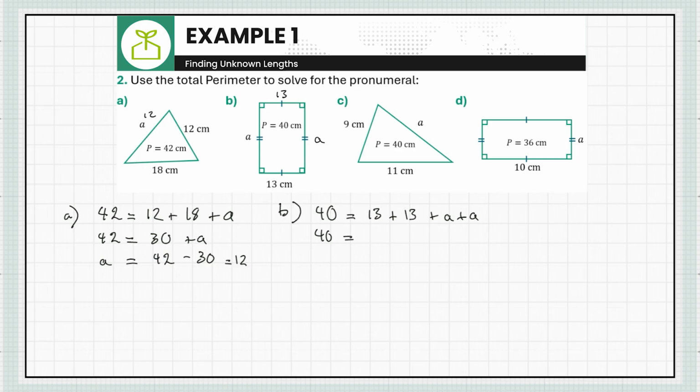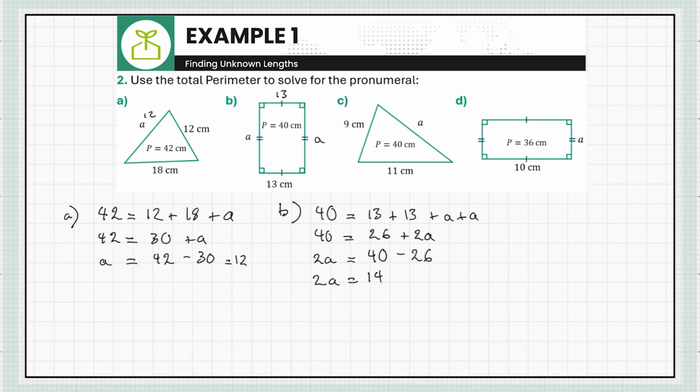So 13 plus 13 is 26, and a plus a is going to be equal to 2a. So now that we've done that, we can rewrite this with a being the subject, and we can write 2a is going to be equal to 40 minus 26. Again, we'll deal with the coefficient out the front of the a in just a moment. So 40 minus 26 is just going to be equal to 14.